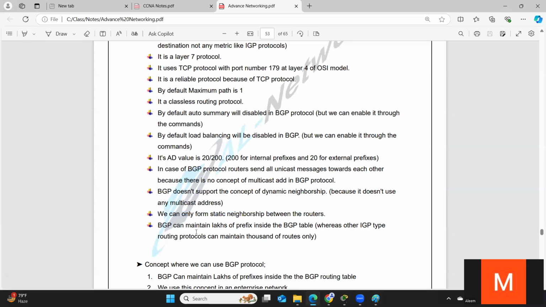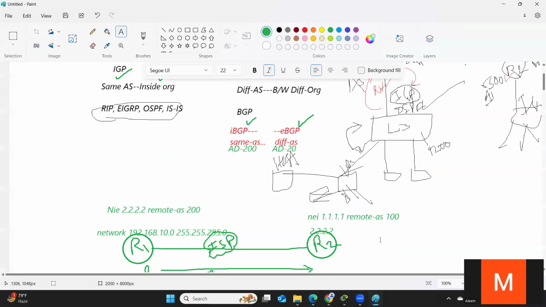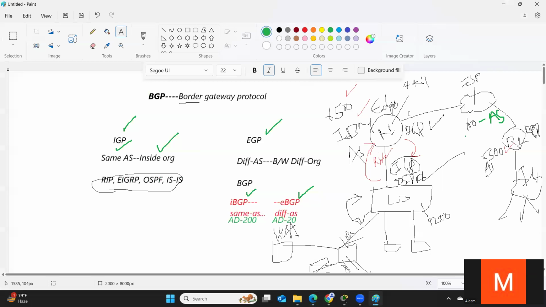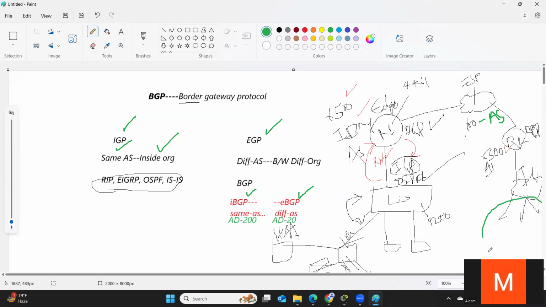So BGP can maintain lakhs of prefixes, because inside the routing table it will maintain lakhs of routes. As I told, here we are coming through the ISP. In this branch too, if we have multiple departments, it means a thousand prefixes here and a thousand prefixes there.